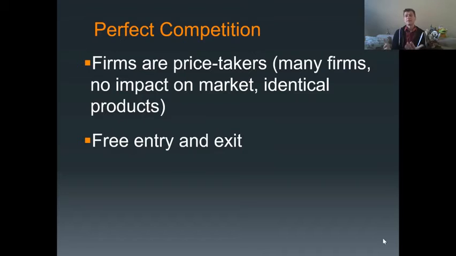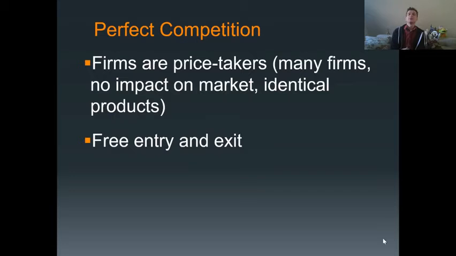So this is going to have effects in the long run because remember, entry and exit to and from the market is a long run decision. You can't do it in the short run because it involves changing up your fixed inputs. That being said, does perfect competition exist in the real world? The answer is no. It's just a theoretical idea.